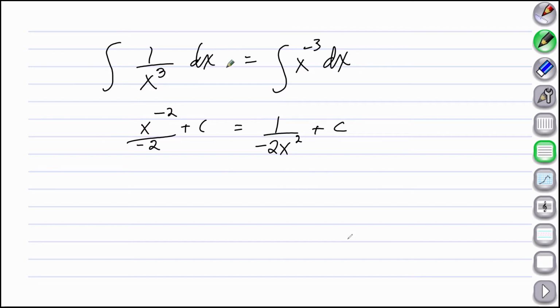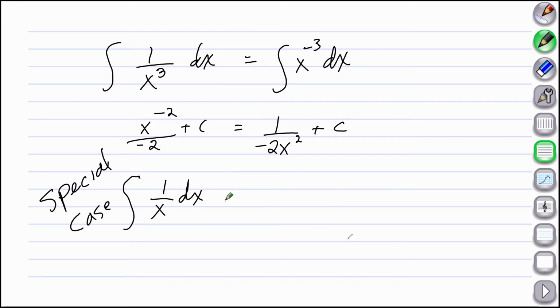Okay, so we did x cubed and we did x squared, but when you run into this problem right here, 1 over x dx, special case. This is always the natural log of x plus c. So 1 over x, we don't bring it up.